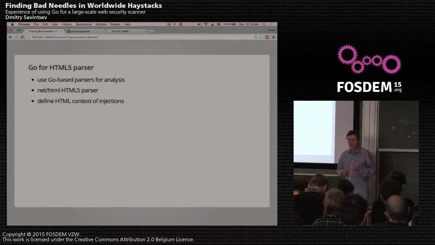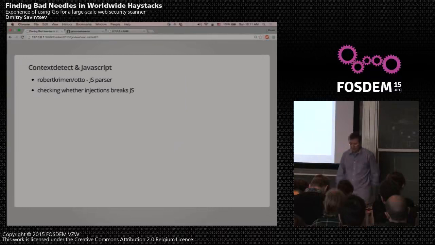They may be innocuous if they are, for example, in a properly quoted string, or they can be dangerous in different contexts. We also use the JavaScript parser from Robert Krimen to check whether injections break JavaScript or not.